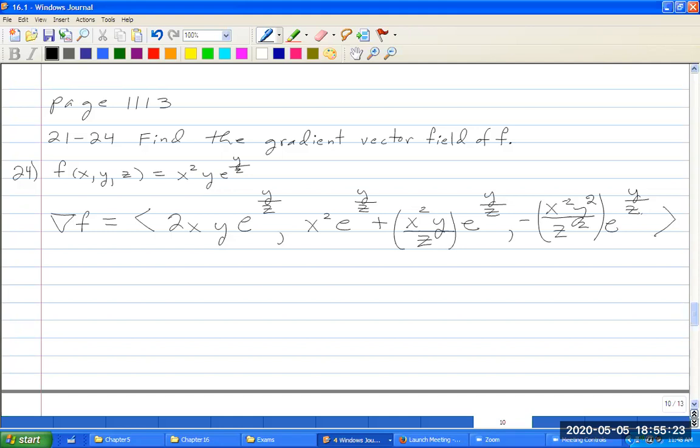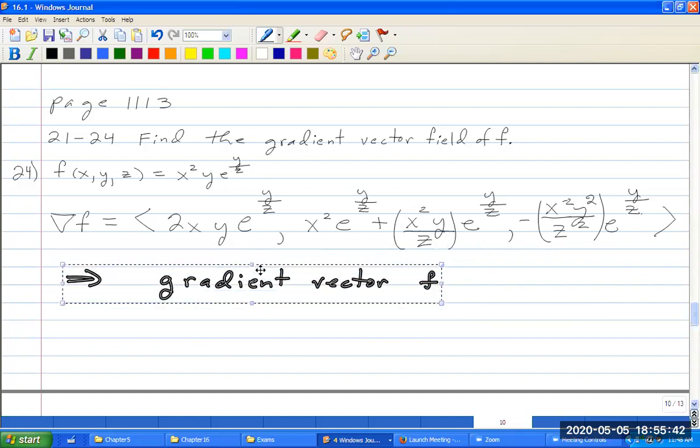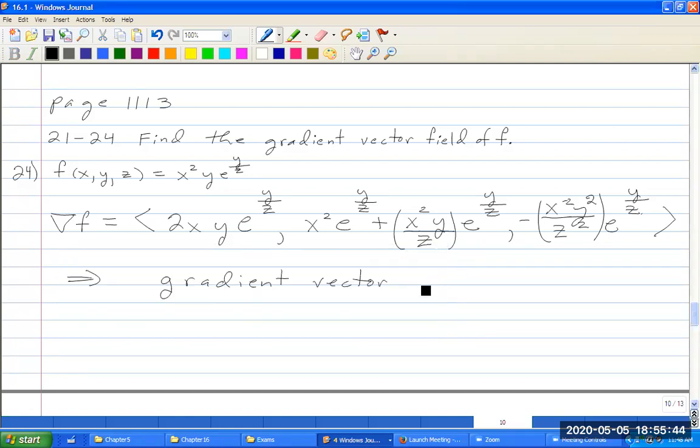And so I get that the vector field, well, therefore the gradient vector field is just the following mapping.